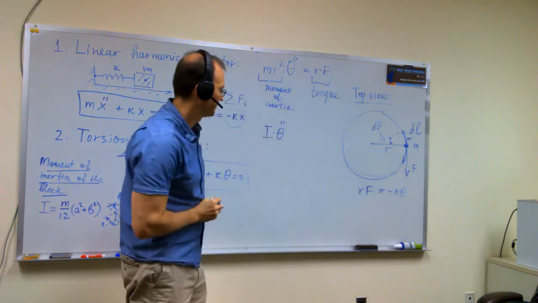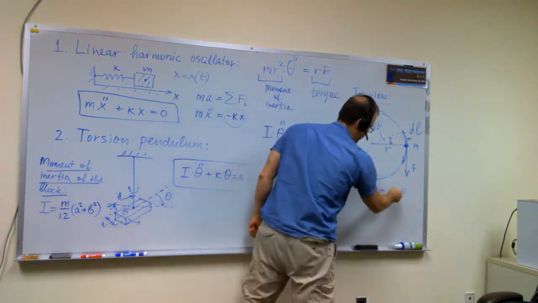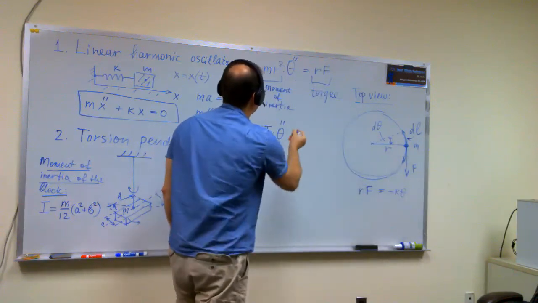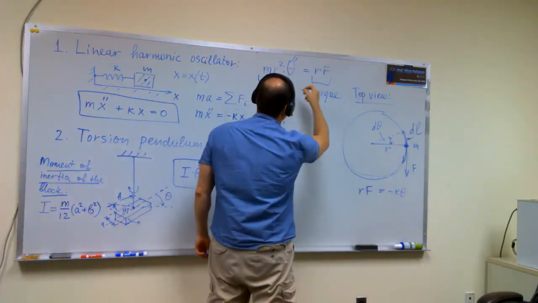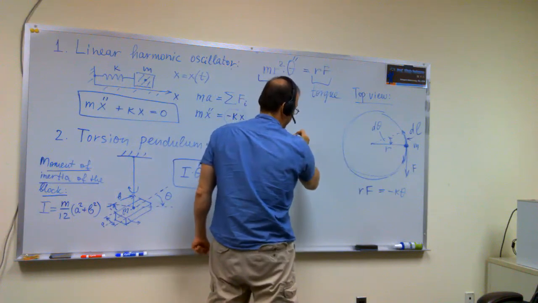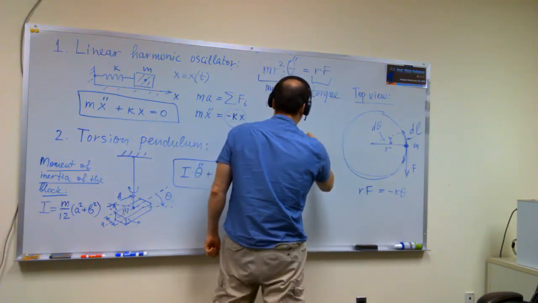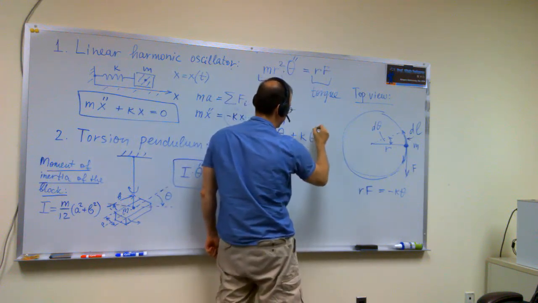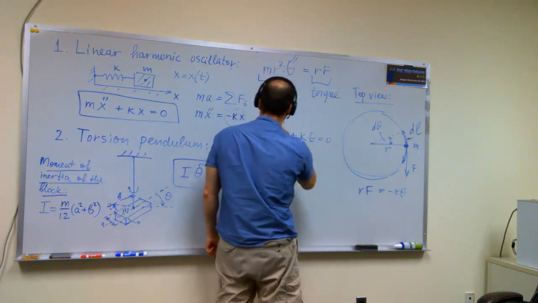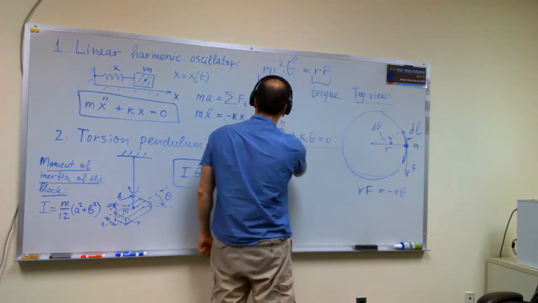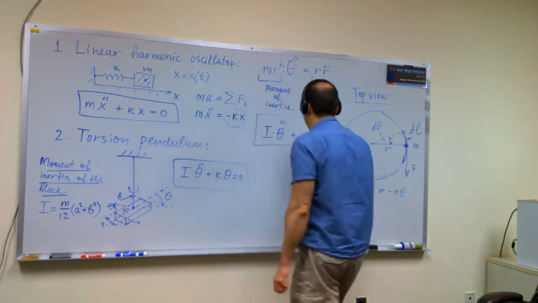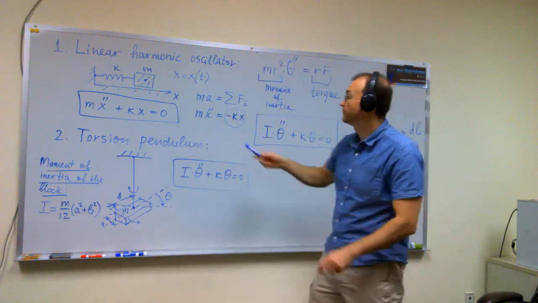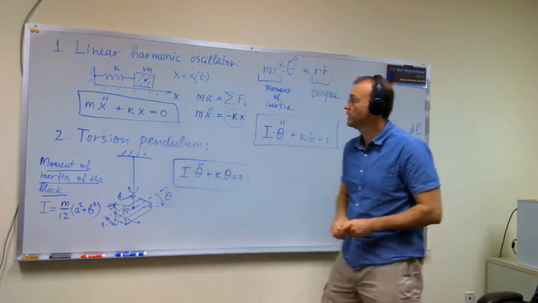So torque equals the torque constant with the minus sign times theta. And that's why you're getting this relationship by rearranging to the left-hand side: plus K theta equals 0. So you are getting an equation which is fully equivalent to the equation for the harmonic oscillator.